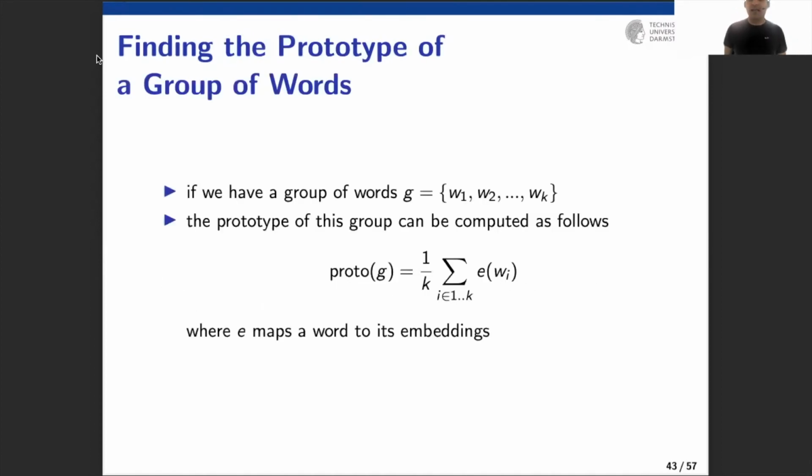So the answer is that you can easily represent each word with its word embedding, and we compute the average over these word embeddings. If we assume that E is the embedding function that takes a word and returns a vector associated with that word, then we can convert each word in the set to its word embedding, and then we sum these vectors up and divide them by the number of vectors that we have.